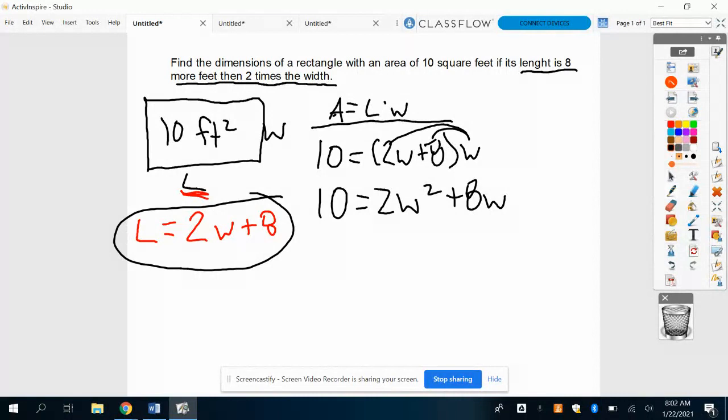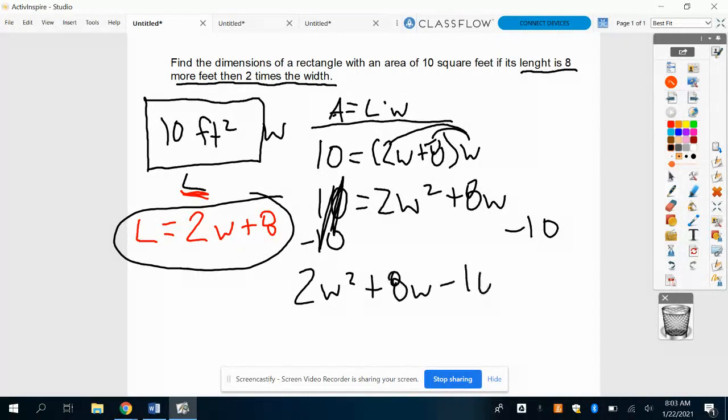That's the key thing. We can't solve this until it equals 0, so we subtract 10 from both sides. Now we have 2W squared plus 8W minus 10 equals 0. Solving this quadratic will get us the width, because W is our width.